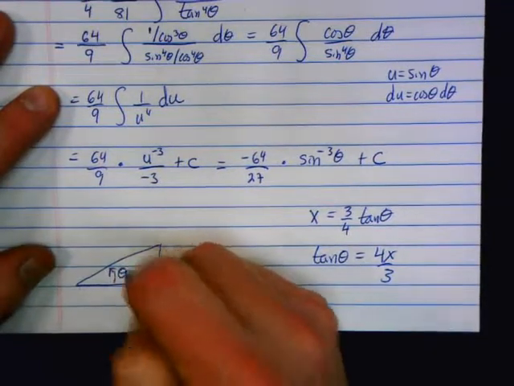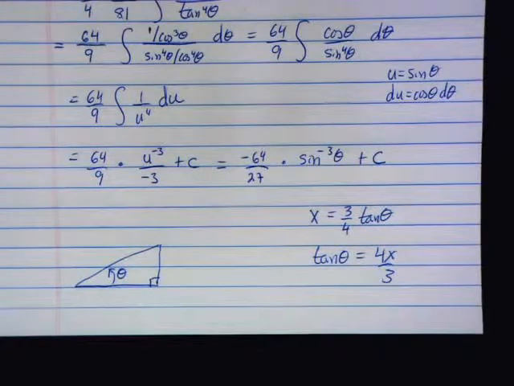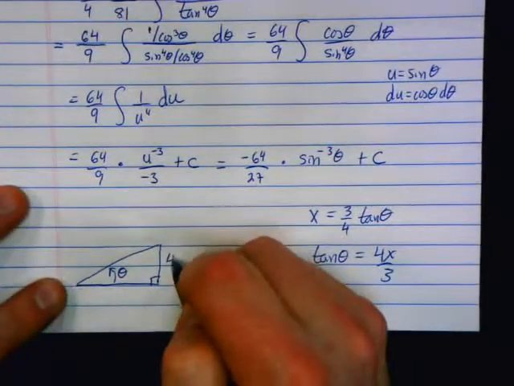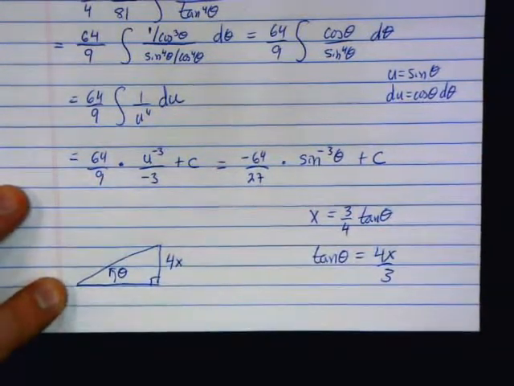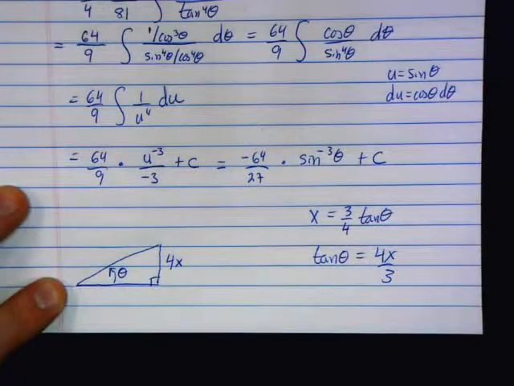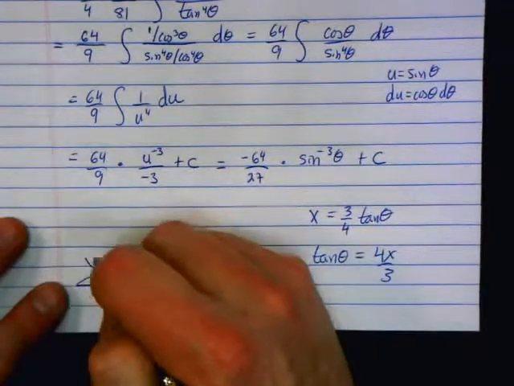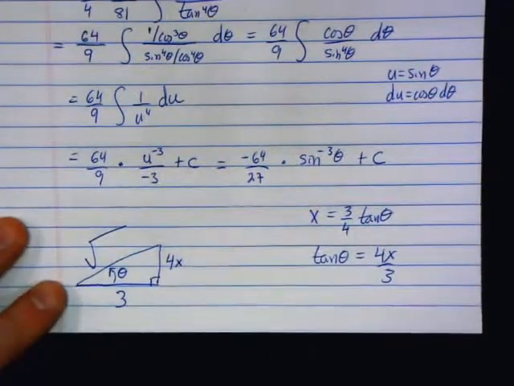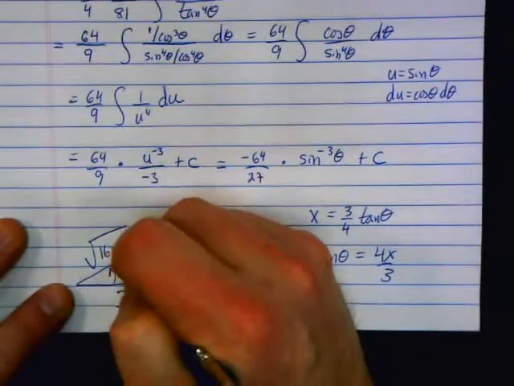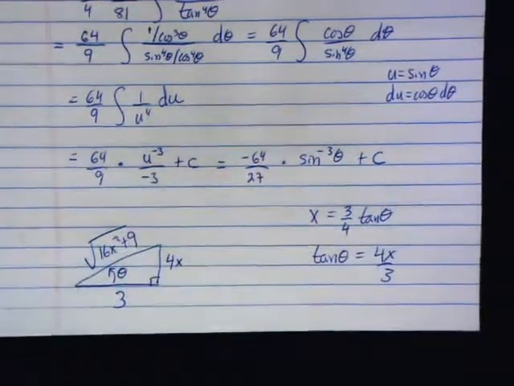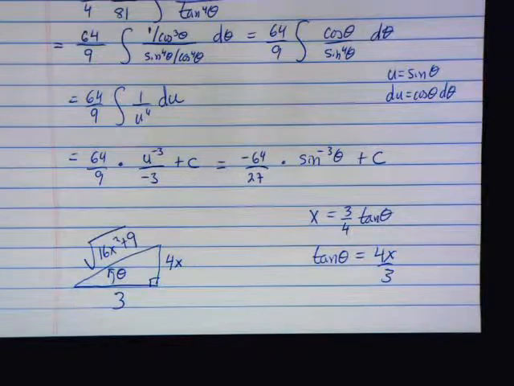Here's my angle theta. Tangent is opposite over adjacent. So I go talk to Pythagoras. How long is the hypotenuse? Square root of 16x squared plus 9.